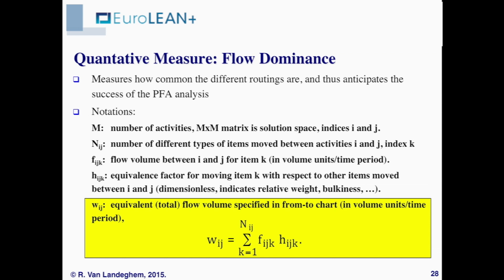We also have an equivalence factor that allows us to give more weight to products that, for instance, are bulky or heavy, so the relative cost of moving them will be bigger than that for standard parts, and by multiplying them together we get this equivalent flow volume.